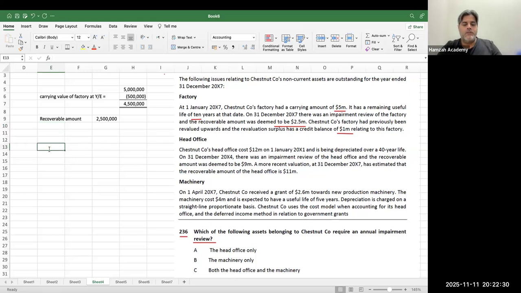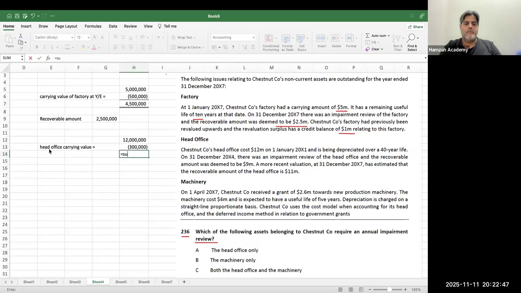So the carrying value, this is 11,700 over here. This is on 1st January 20x1 and then at x4.